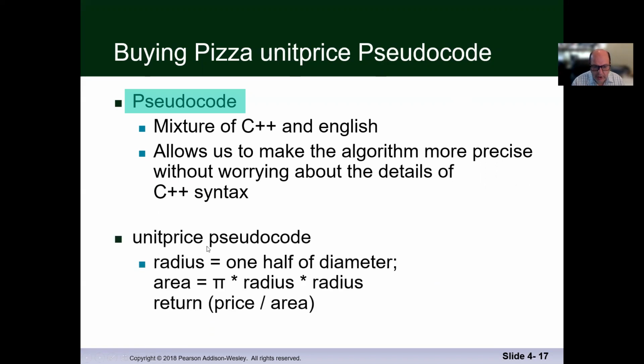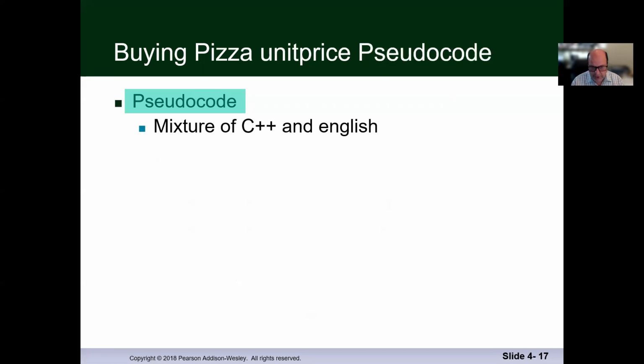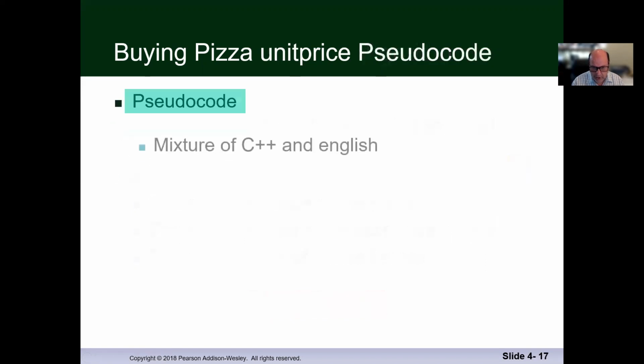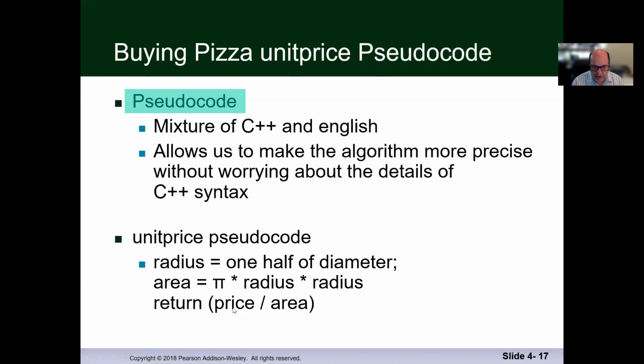So in this case, we are creating the unit price pseudocode. Remember, these are the steps that you have in your design document. First, this is where you explain what is supposed to be done. Based on this, you're going to create a pseudocode similar to this. These are all part of your design document. So we can put the word return over here.